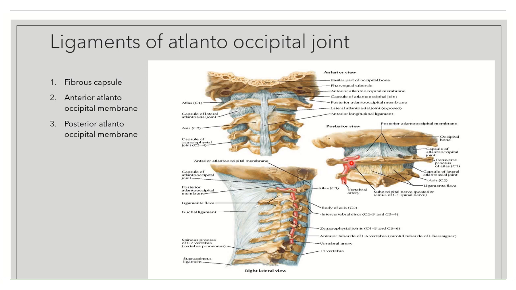So this is the posterior atlanto-occipital membrane, which covers the joint posteriorly, and in this lateral view diagram you can see the fibrous capsule of the atlanto-occipital joint which surrounds the joint. So these are the ligaments of the atlanto-occipital joint, including the fibrous capsule and the anterior and posterior atlanto-occipital membranes.